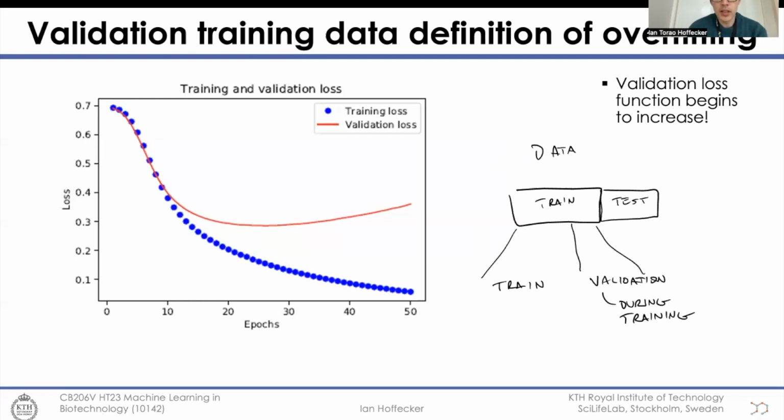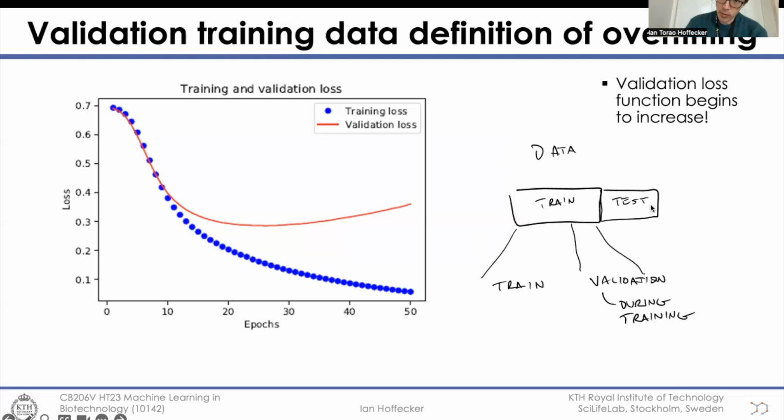But can we be a bit more rigorous about this in our definition? One way we can think about overfitting is in terms of comparing the loss function for our training data and some validation data. And this can be done during training through data partitioning.